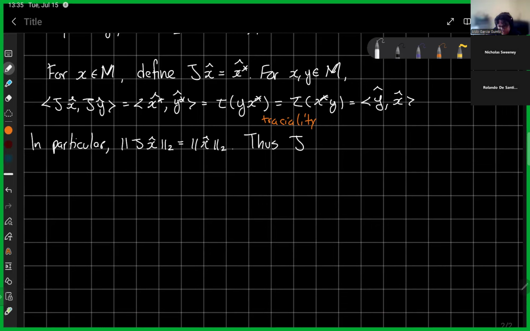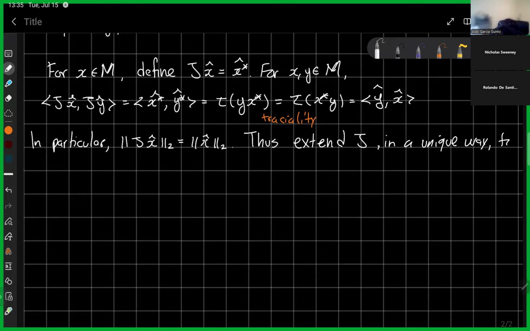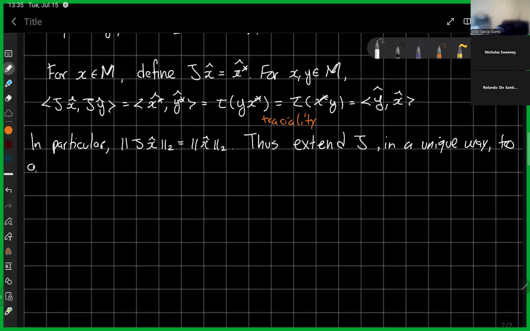And because it's an isometry, we can extend it. So thus J extends uniquely to a conjugate linear isometry, which we still denote by J.